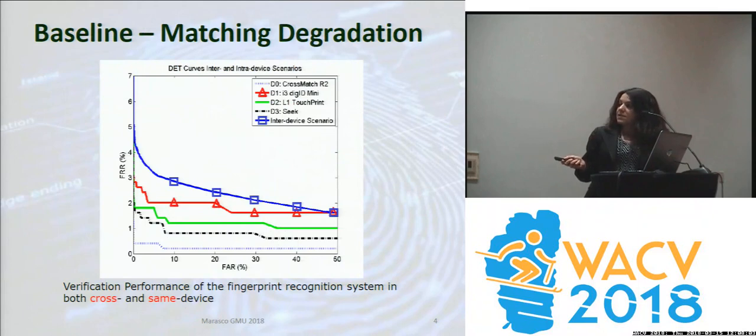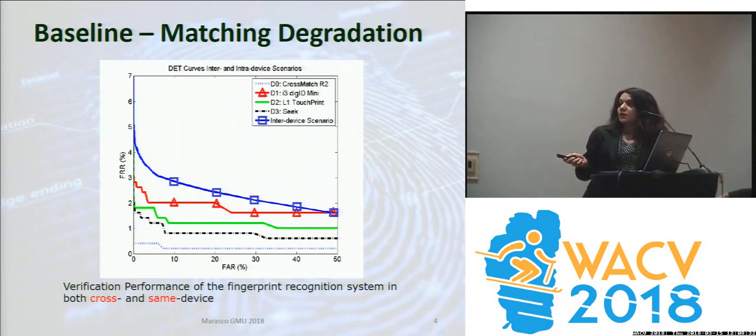The baseline, again, more details. We have very good performance in intra-device. This is the cross-match, the Guardian. Again, intra-device until we consider the blue curve. These are DET curves, where we combine 4 different optical devices certified by FBI, and with a tempering card as well, so same subject, and here we have all possible combinations.